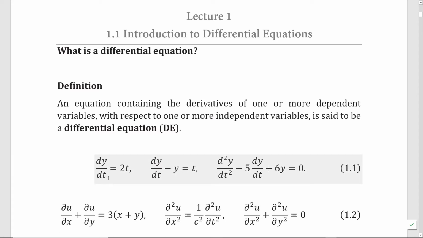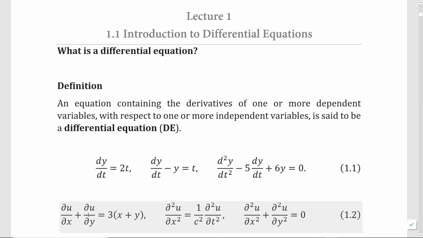In the first equations, we see there are 3 examples where y is called the dependent variable and t is the independent variable. So y here is a single function of a single independent variable.